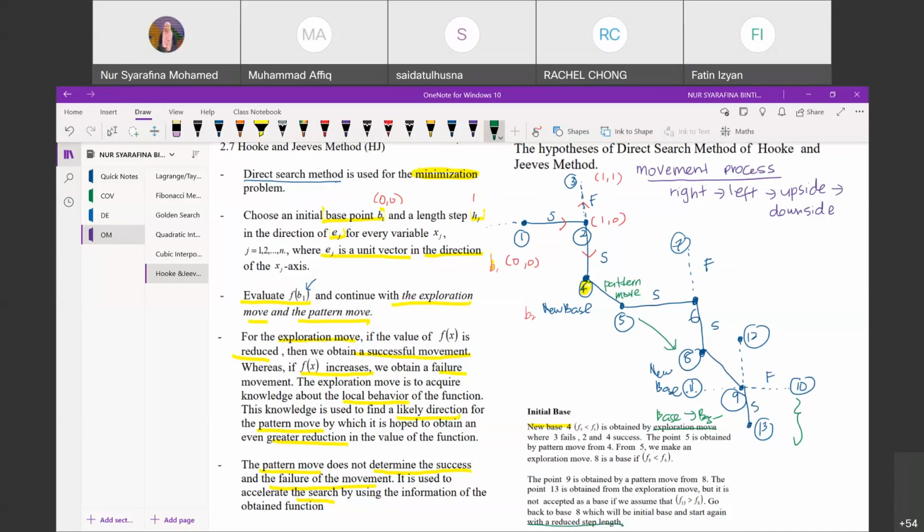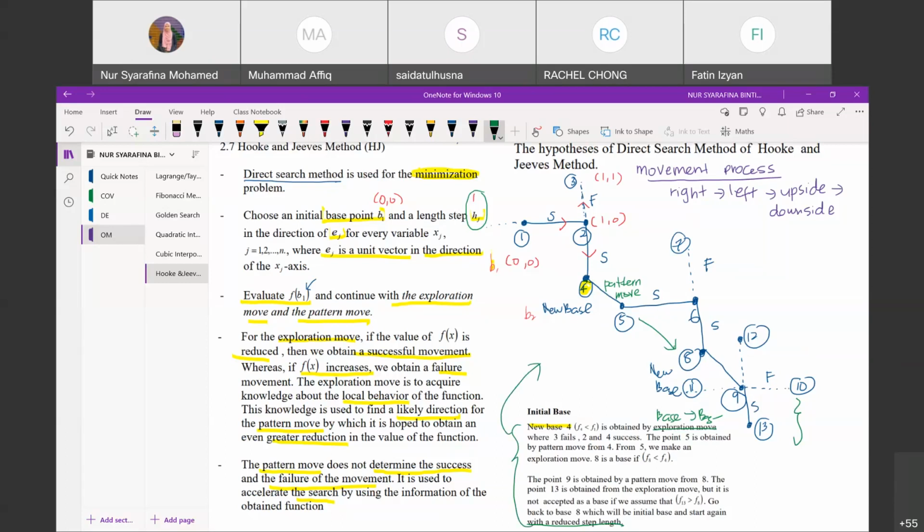So this is the condition. If there is no success in that certain move, it means that you have to return to the latest base by using a reduced step length. Initially our step length is 1. Maybe we can just reduce it by half, 0.5 and so on. Clear? So this is the explanation of this movement.